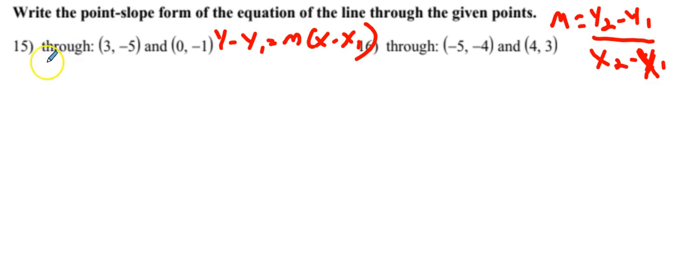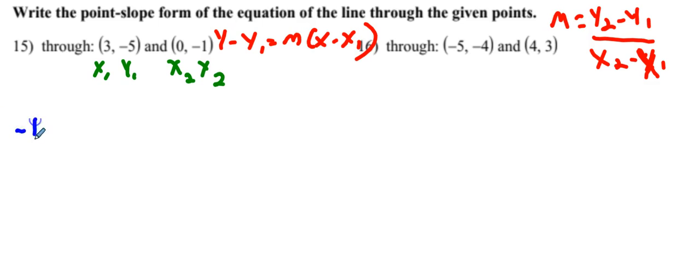Let's work through this first one. To find that slope, we're going to do this equation first. Let's go ahead and label those points. We'll call that x1, y1, x2, y2. And then we're just going to plug those into that equation, find ourselves the slope.